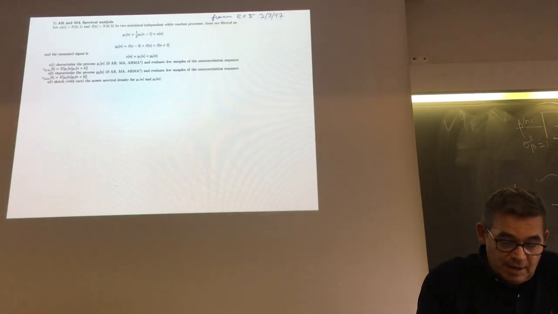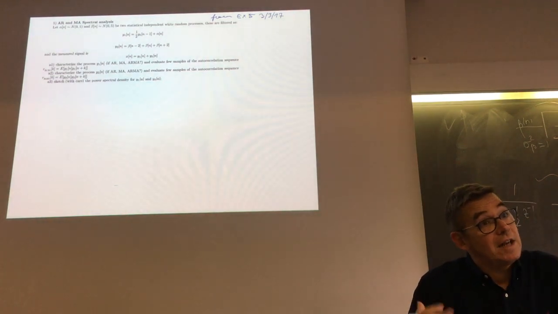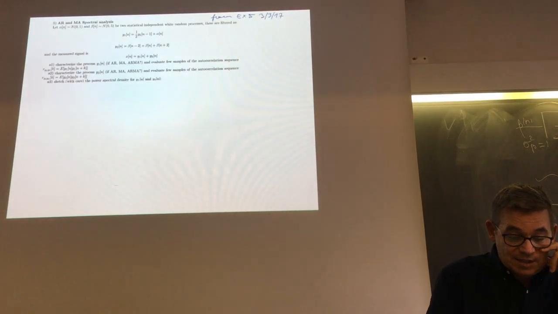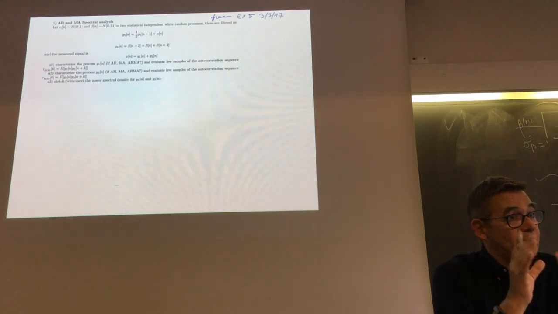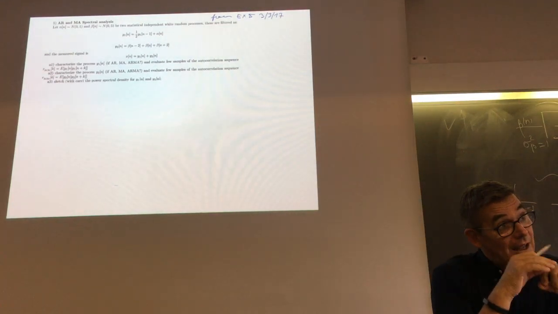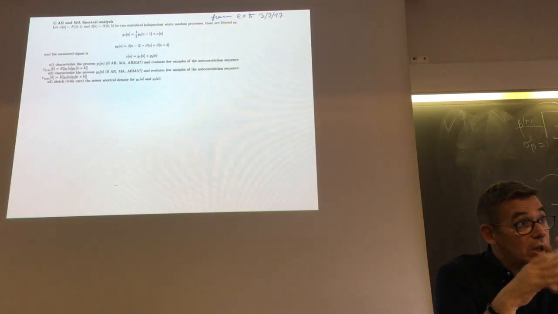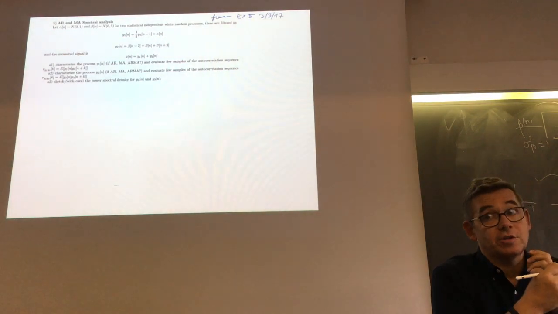The next exercise is part of a bigger exercise. This is exercise number 5, on autoregressive moving average spectral analysis, which is too early for you. But any exercise in the exam will contain the computation of the autocorrelation.